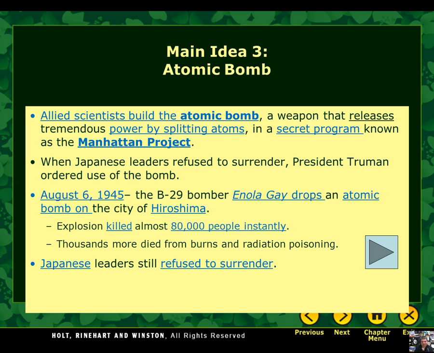The explosion killed almost 80,000 people instantly. Thousands more died from burns and radiation poisoning days, weeks, even months after the bomb. The Japanese leaders refused to surrender after this bomb was dropped.